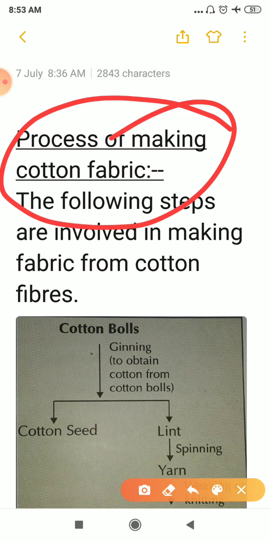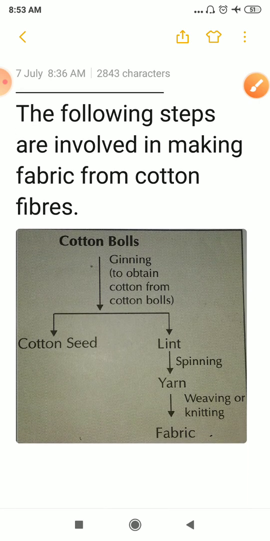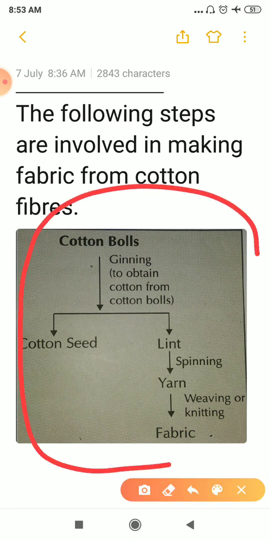There is some special terminology that we use for making fiber to fabric, that we will discuss here in detail. These are the steps involved in making fabric from cotton fibers. Here in this diagram, cotton balls or cotton fiber is obtained.